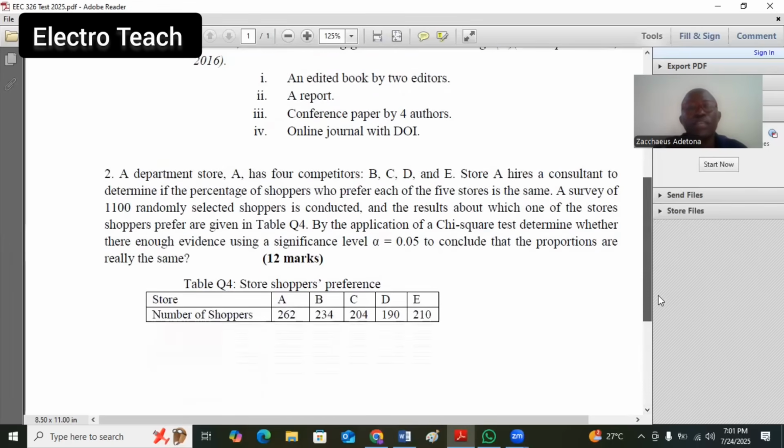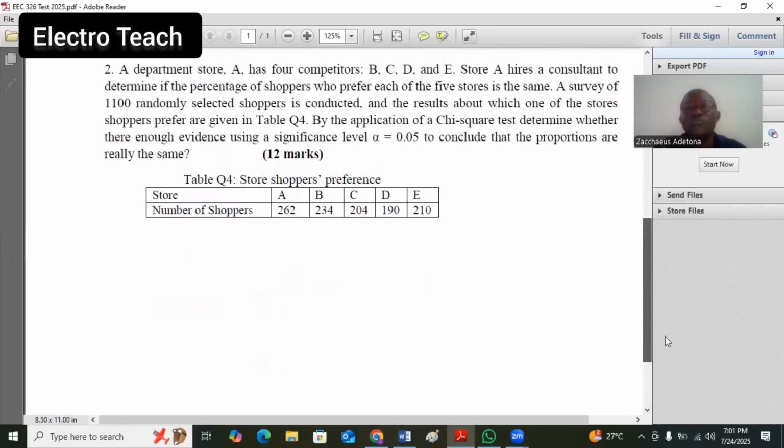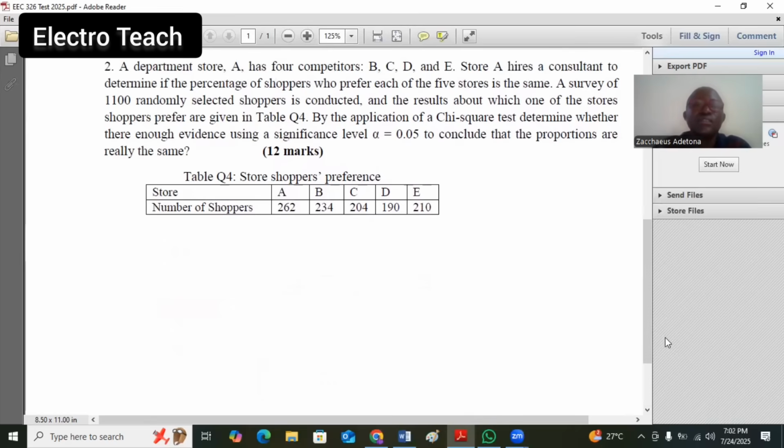The second problem right here is about inferential statistics in research. And the question states thus: a departmental store A asks for competitors B, C, D, and E. So A hires a consultant to determine if the percentage of shoppers who prefer each of the 5 stores is the same.